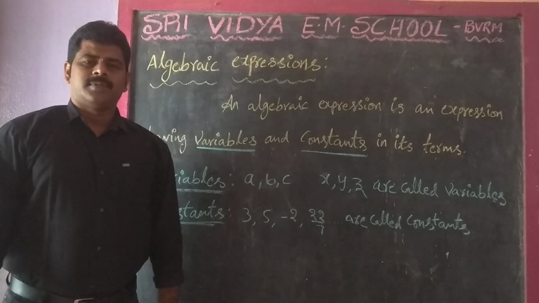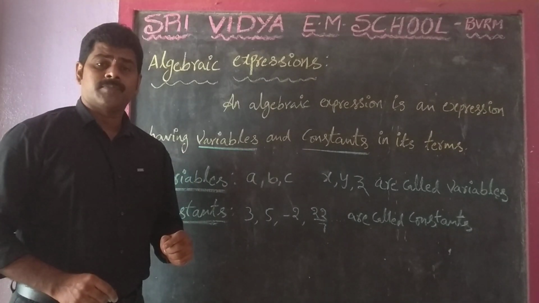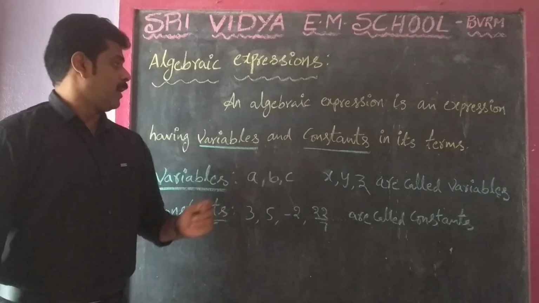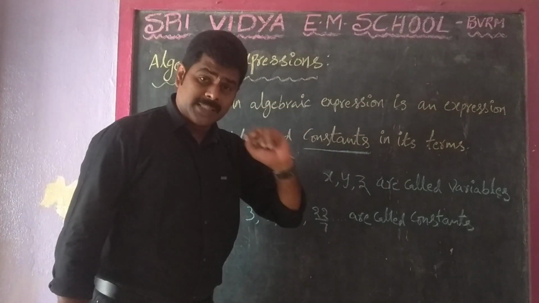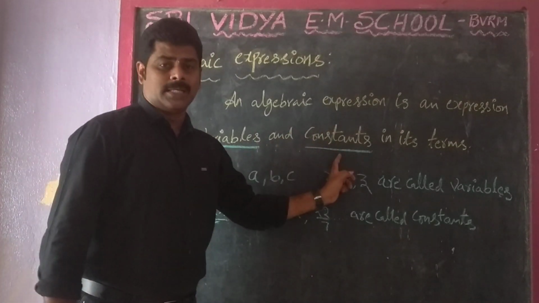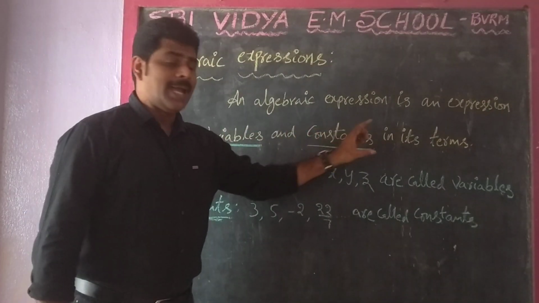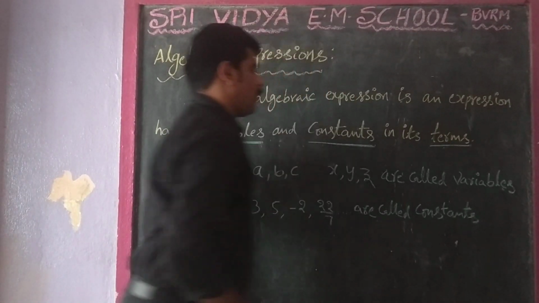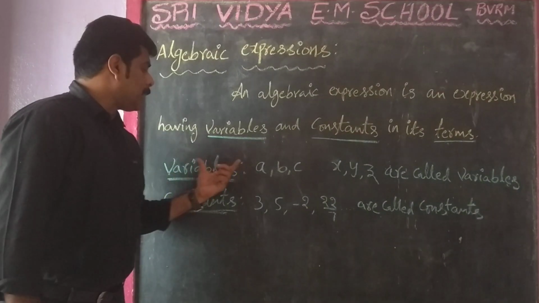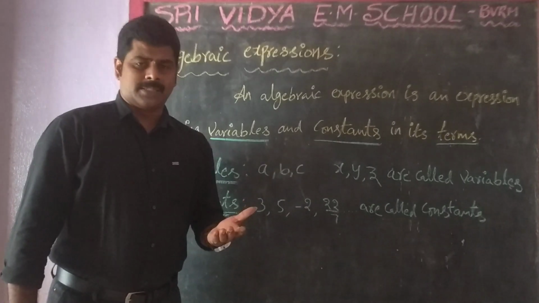Okay? Algebraic expressions. What is an algebraic expression? We must know the definition of algebraic expression. An algebraic expression is an expression which has variables and constants in its terms. What are variables?